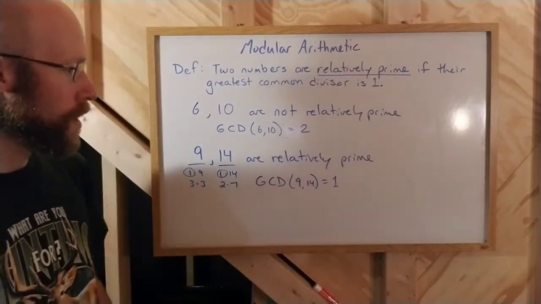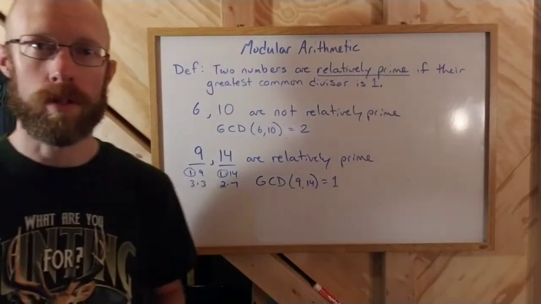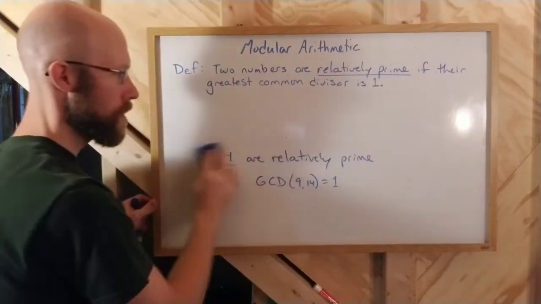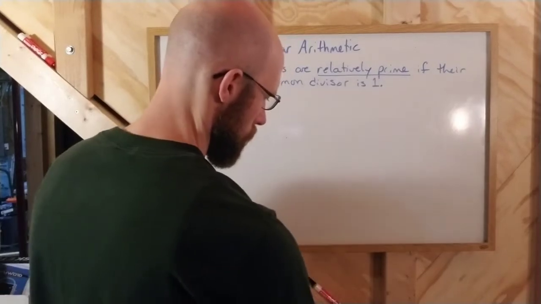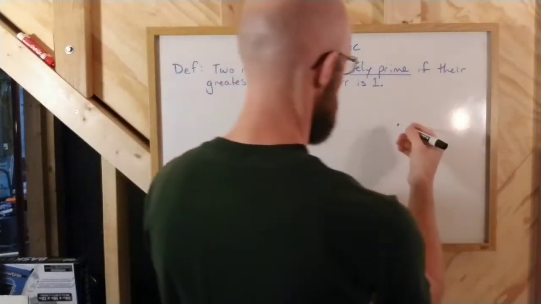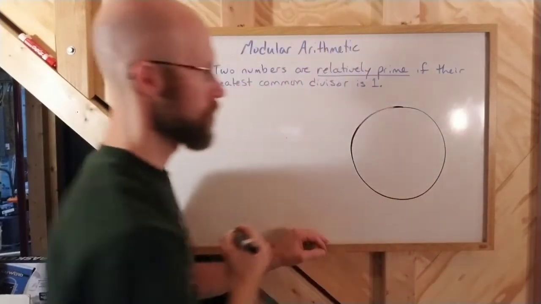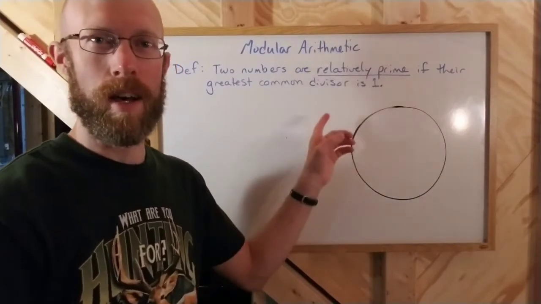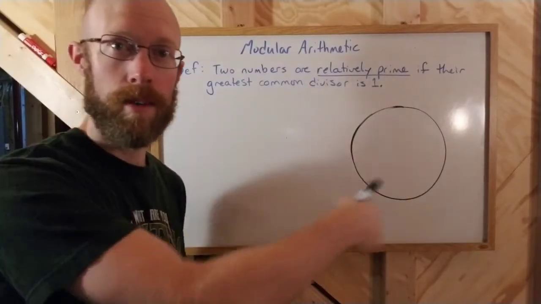Okay. Now, this idea of modular arithmetic is important. You have probably all seen a 12-hour clock, I'm guessing. A 12-hour clock is just a circle with the numbers 1 through 12 listed around it in a clockwise direction.